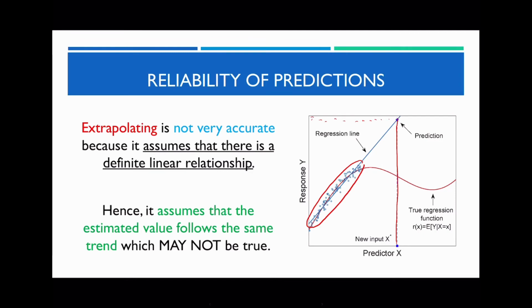However, in reality, it doesn't actually follow this linear trend when it's outside of this range at all. It might follow this non-linear trend as you can see here. So it assumes that the estimated value follows the same trend, which may not be true at all. Please make sure that you do copy this particular slide, as this slide is very, very important.